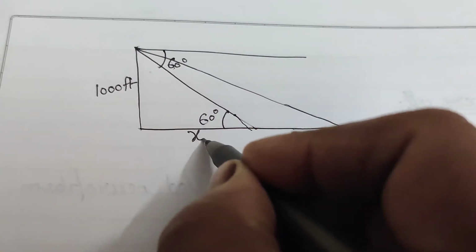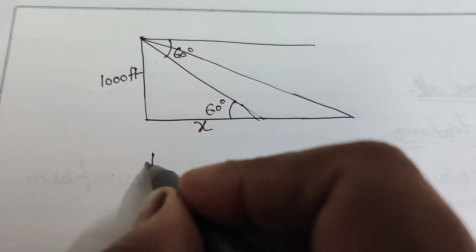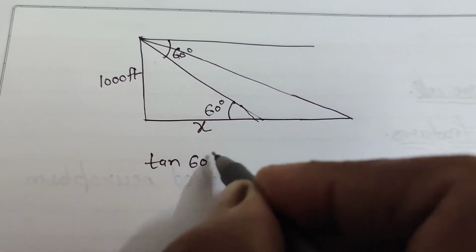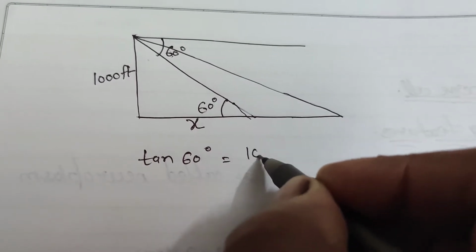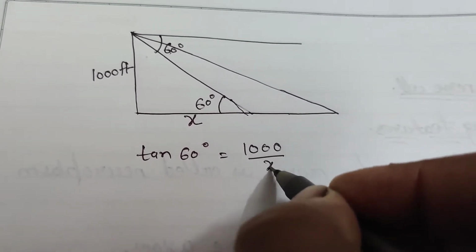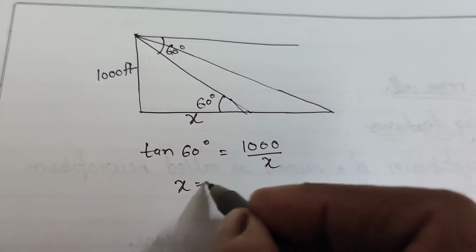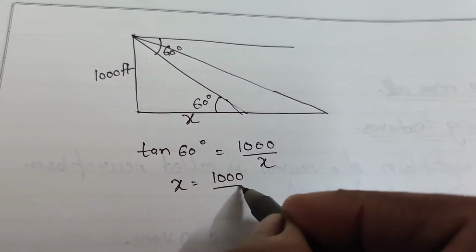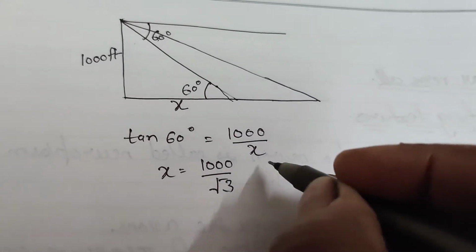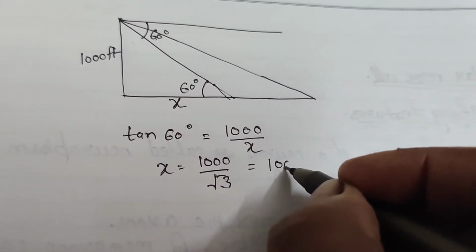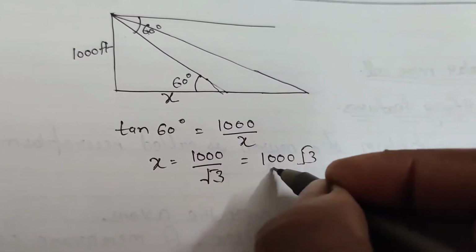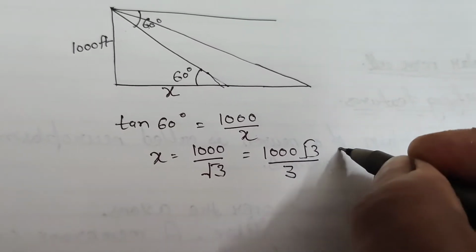First we have to find the distance x. tan 60 degrees equals perpendicular by base, 1000 by x. Now tan 60 degrees is root 3, so x equals 1000 by root 3. Rationalizing, x is 1000 root 3 by 3 feet.